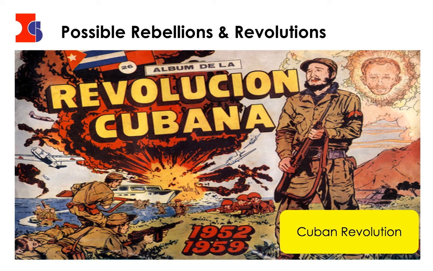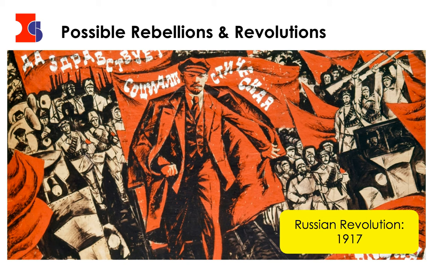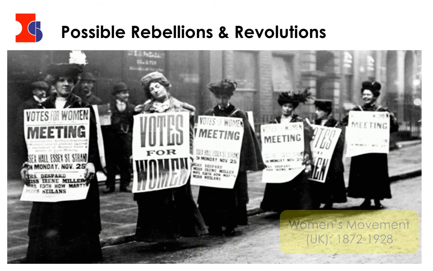We have the Cuban Revolution, okay? The dates there are pretty obvious for you to see. There's the Russian Revolution of 1917. You could do the women's rights movement, okay? In the UK, this was 1872 to 1928, so much more of an extended period.